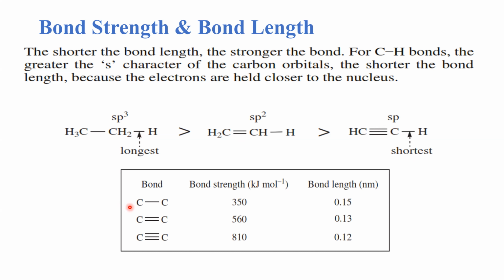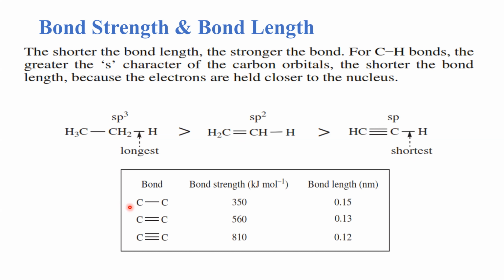So the carbon-carbon single bond strength is 350. 350 means that amount of energy, kilojoule per mole, is required to break that bond. And the bond length is 0.15 nanometer, and if we write it in angstrom, its value will be 1.5 angstrom, right?